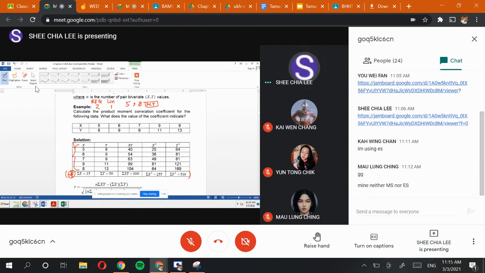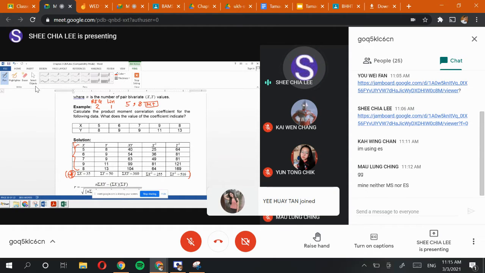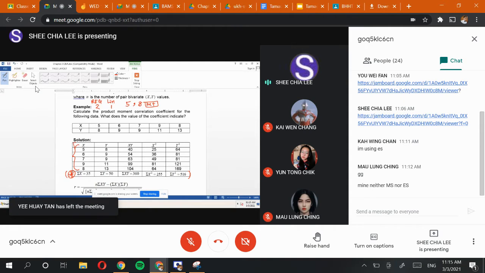Okay, can follow? In your calculator, you can see the screen shows n equals 1. Then followed by the next one, 6, 9. So you press 6, comma, 9, M plus. Then you can see n equals 2.